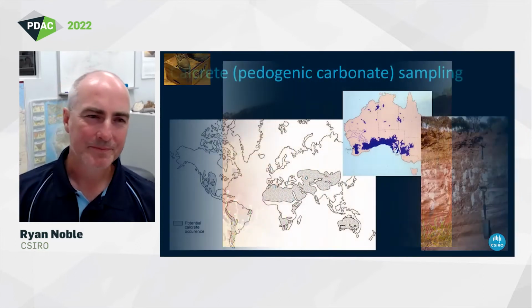So one of my key messages here is that soils are not all the same, and they vary quite significantly. We really need to take that into account, probably better than we traditionally do when we look at regional geochemistry surveys, because people have tended to focus very much on the chemistry and not necessarily considered some of the other parameters around it. And I'll show a few more examples of that going forward.